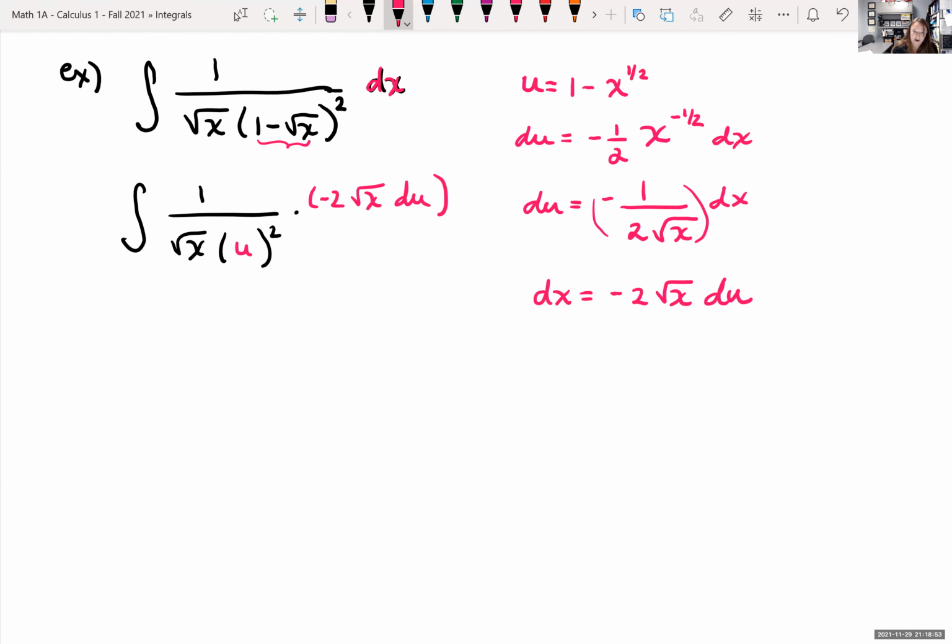So notice I have a square root of x in the numerator and a square root of x in the denominator. So those are going to cancel with one another. So I have the integral of negative 2 all over u squared du, or negative 2 u to the negative 2nd power du.